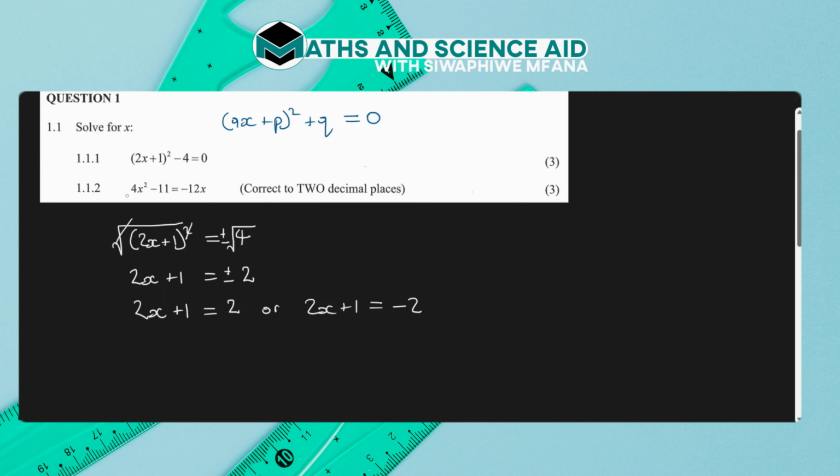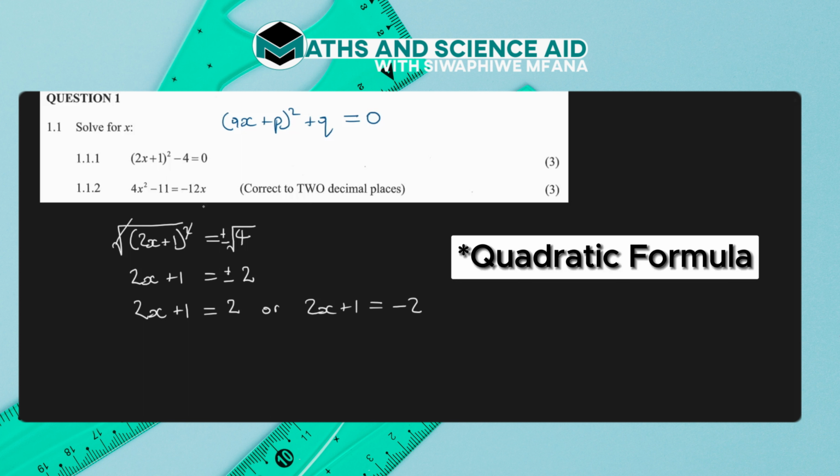Now, 1.1.2 is another straightforward question. It's also a quadratic equation, but in brackets, they have said that we must correct to 2 decimal places, which is a hint that here we must just simply use the quadratic formula. And so here, all that you need to do is to arrange the terms in the standard form, and after that, just substitute into the quadratic formula.